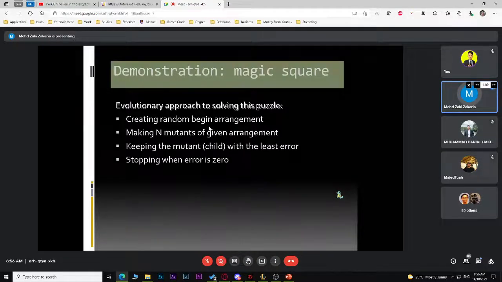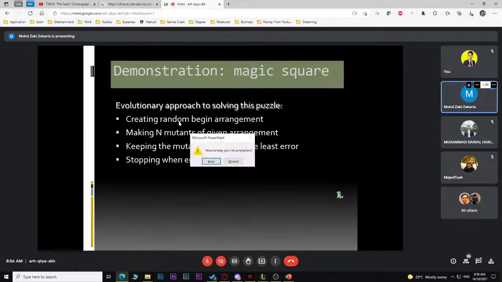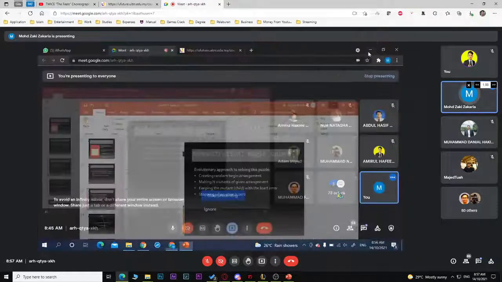Okay, jap, I nak cari yang magic square punya demonstration kejap. I want to show you the how to ni. Kat dalam slide ni tak ada. Jap, I nak cari. Dalam slide yang satu lagi kot.